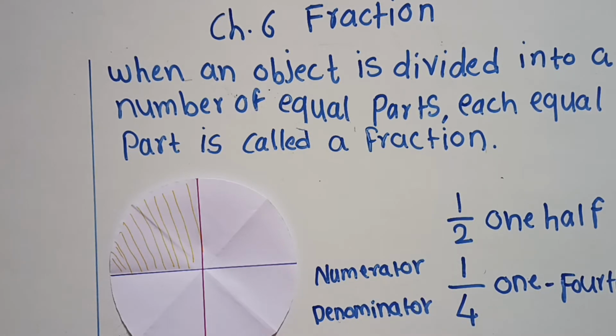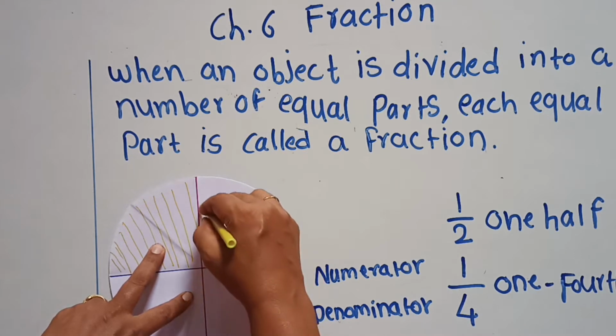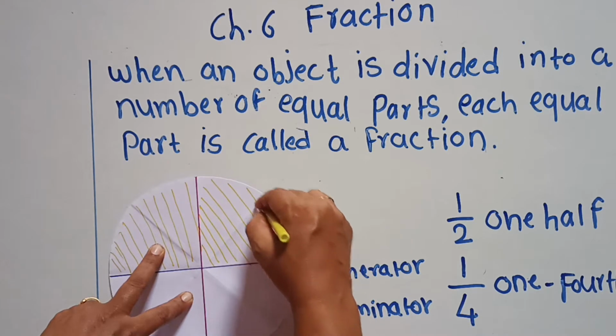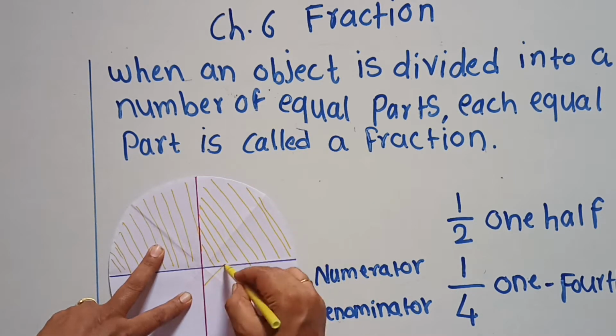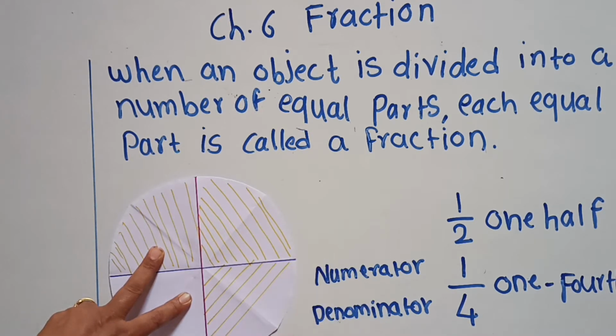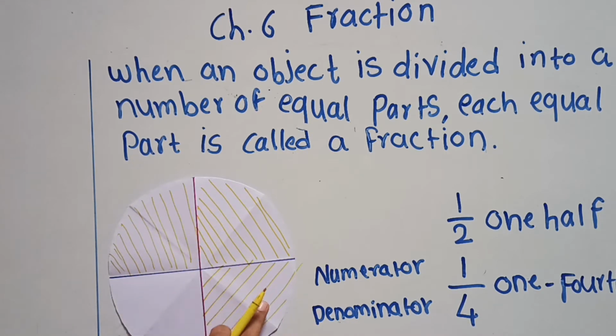If I shade another part here, see, this is the 2nd part, again here is a 3rd part of this circle. Now tell me the fraction of the shaded part. Total number of parts are 1, 2, 3, 4.